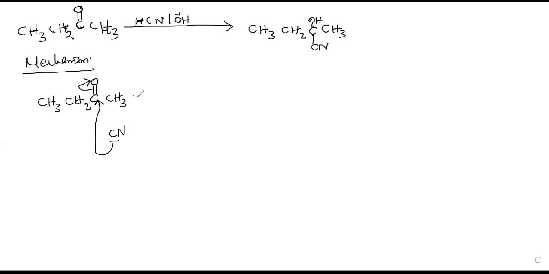So here, I will form CH3, CH2, then C with one bond, or minus, because electrons are being given to oxygen, then I will have my CN here, then my CH3.